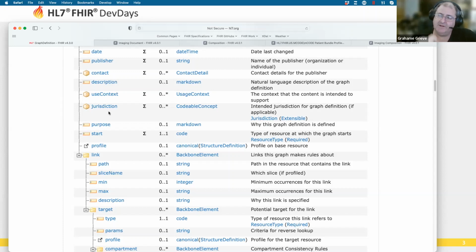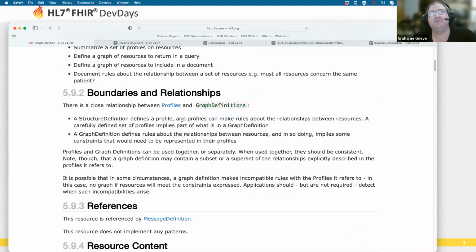But basically, graph definition assumes that you have a network of resources profiled by structure definitions that talk about each of the individual resources, but graph definition talks about the property of the graph that links them all. And so you can do a variety of things with the graph definition.